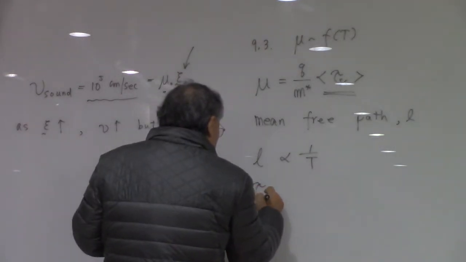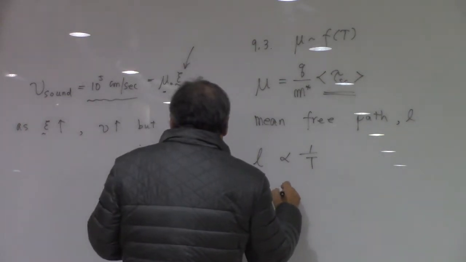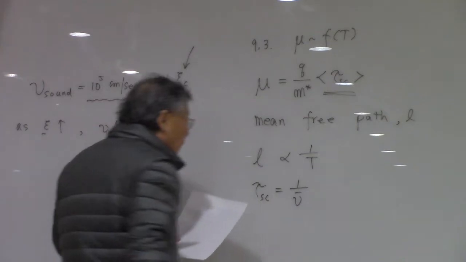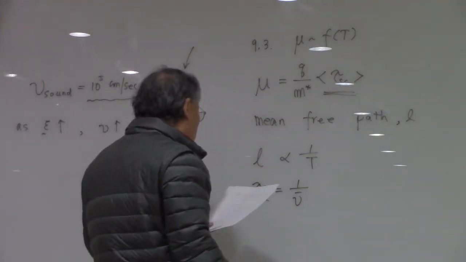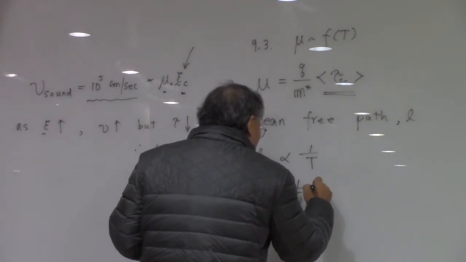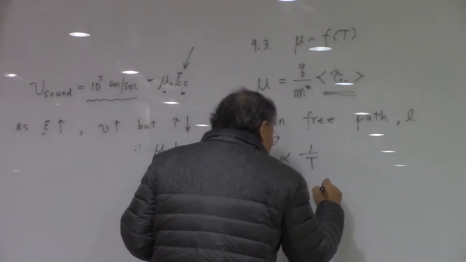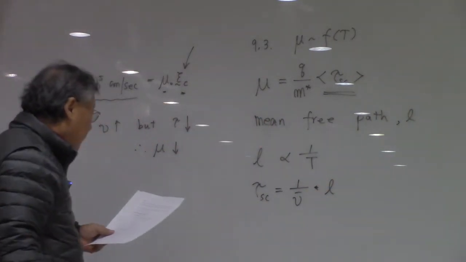And then the scattering time is going to be related to the distance over velocity, so it should be related to the mean free path.